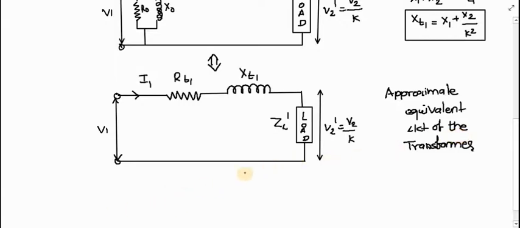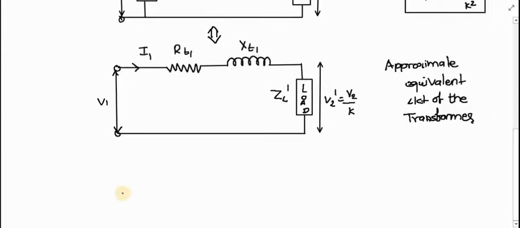So when I am transferring the primary quantities on the secondary side, I will modify this circuit as follows. So this circuit that I have taught you previously is referred to the primary side. Right.